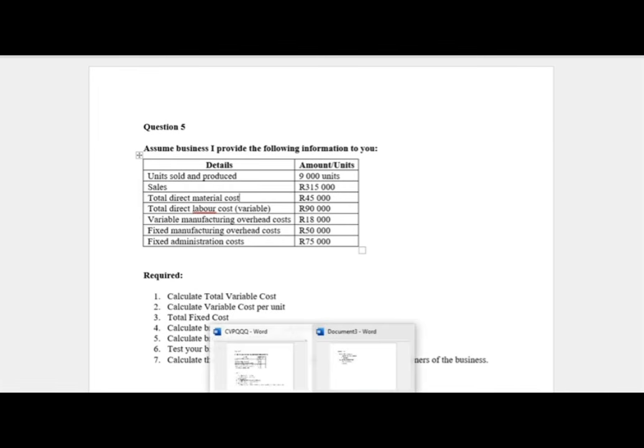So we're going to divide by 9,000 units. And then how much is the variable cost per unit? Let's put that on our calculator. 153,000 divided by 9,000. I'm getting 17. All right, 17 rand. That is the variable cost per unit.